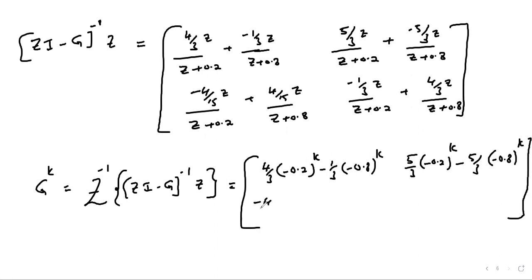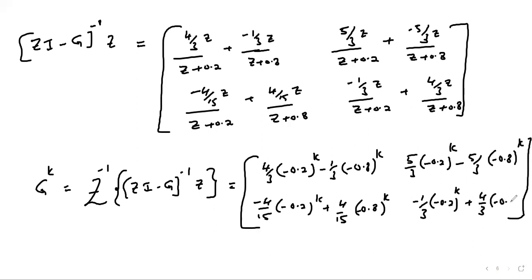Then you'll have -4/15 (-0.2)^k plus 4/15 (-0.8)^k. Then -1/3 (-0.2)^k plus 4/3 (-0.8)^k.